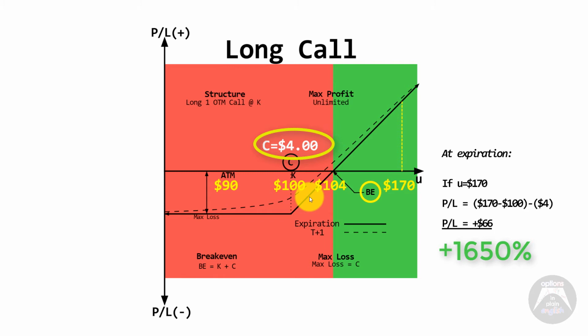This is the money that we made. Whereas if you had bought the stock, you would have almost doubled it. With options, you're able to get it 16 times. So it's basically 16 times over what you put in.